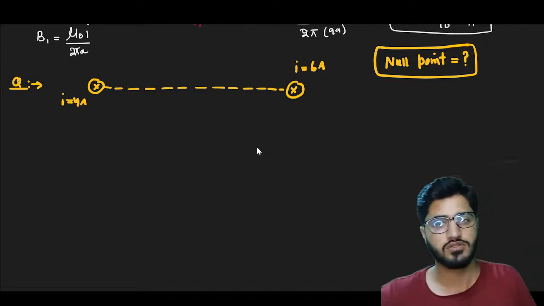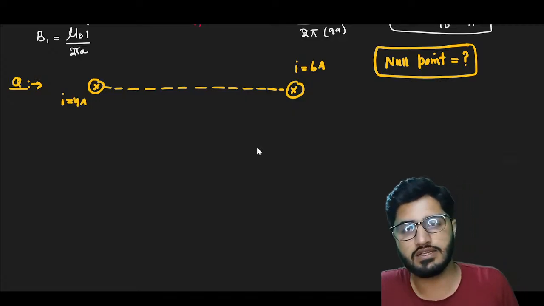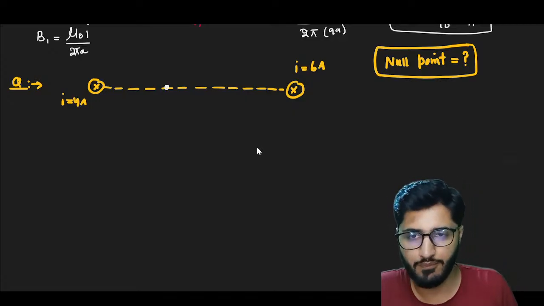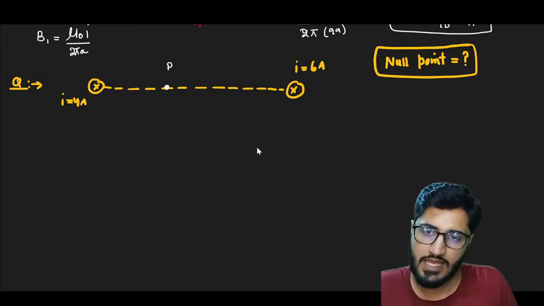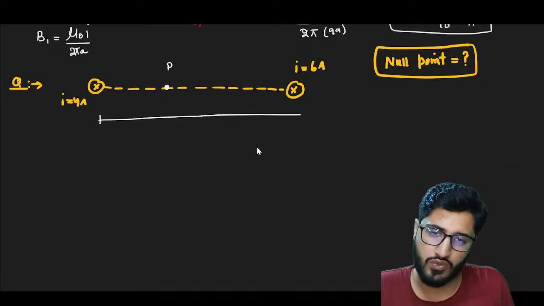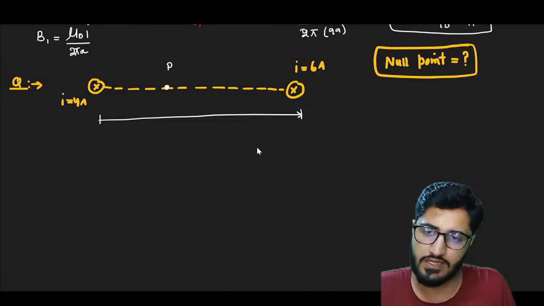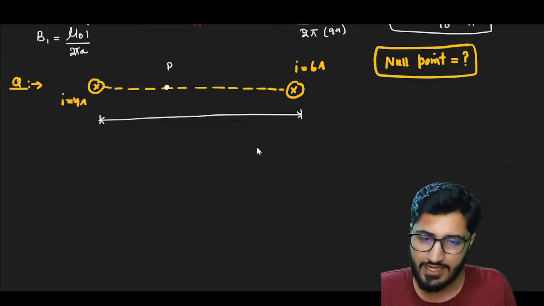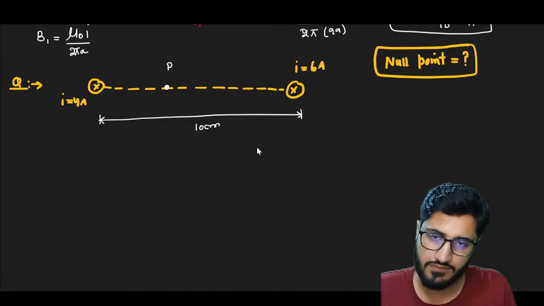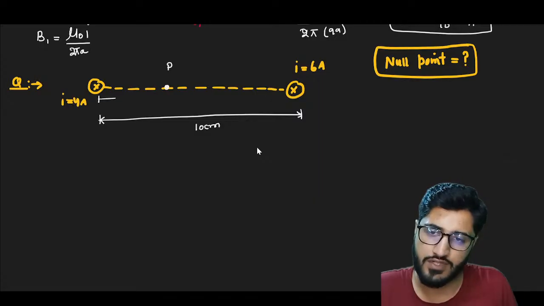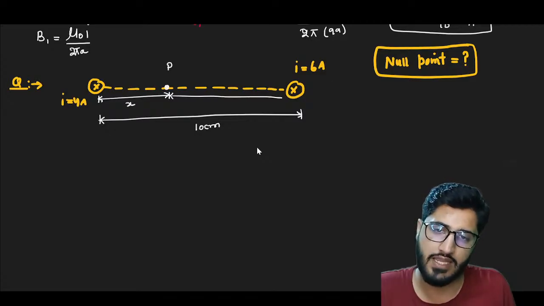So suppose this one is your null point, point P. The whole distance between these wires is given as 10 centimeter. From electrostatics, we need to take X from the smaller one. 4 ampere is smaller as compared to 6, so it is X. If this one is X, this one is 10 minus X centimeter.